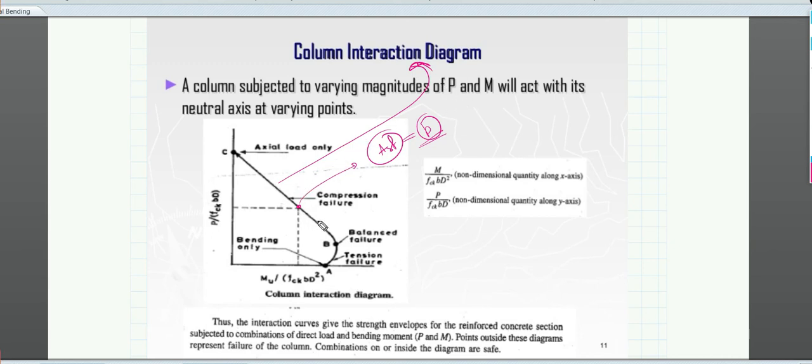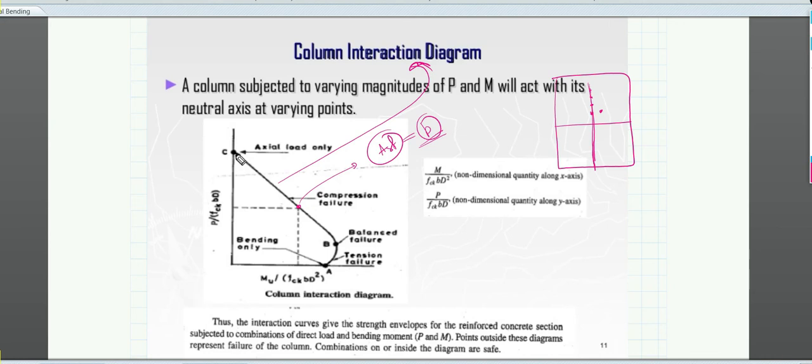This is only 2D because we are assuming that, suppose this is the column, P is only acting along the axis. That means P is over here or here or here, so it is acting along the axis. That is why you are looking at only one graph. But suppose P is somewhere here, where both X and Y are there.